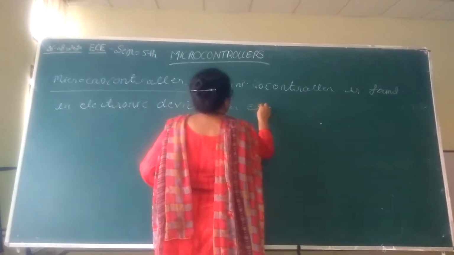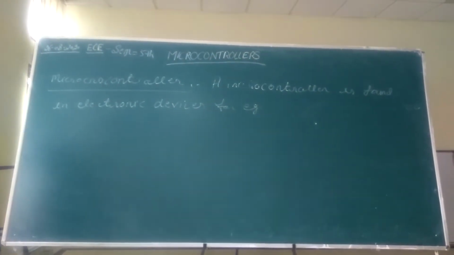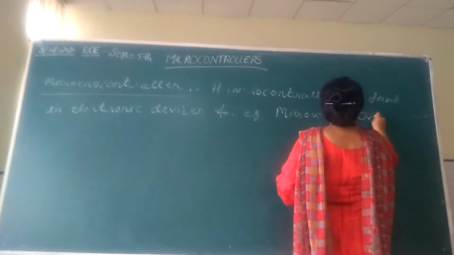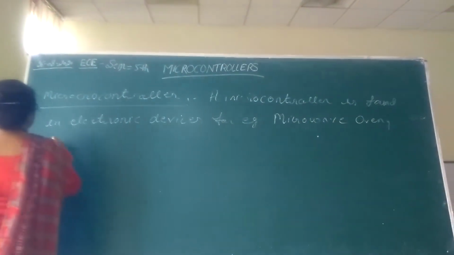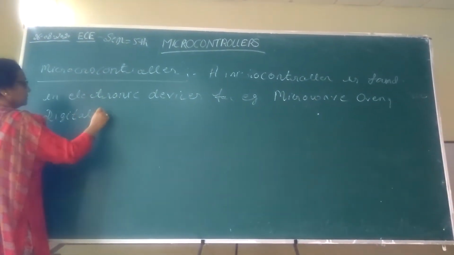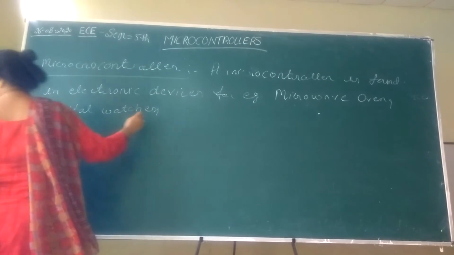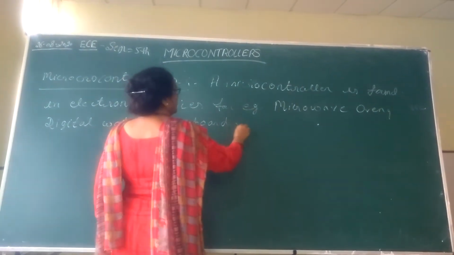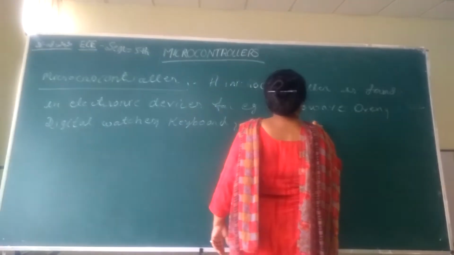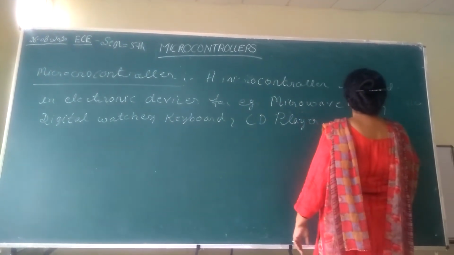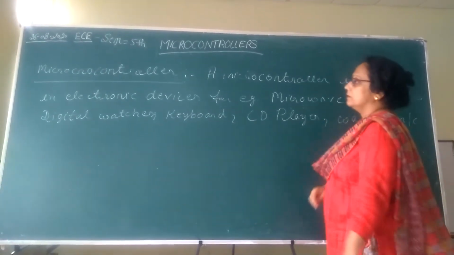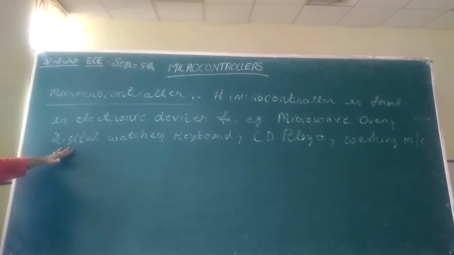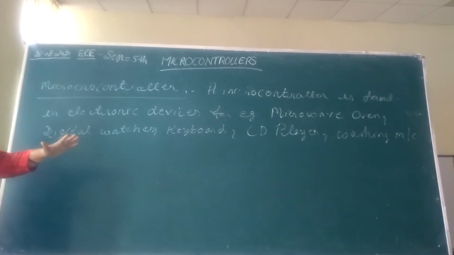For example, number 1, microwave oven, number 2, digital watches, number 3, keyboard, CD player, washing machine, etc. A microcontroller is a chip which is found in all electronic devices: microwave oven, digital watches, keyboard, CD player and washing machine.